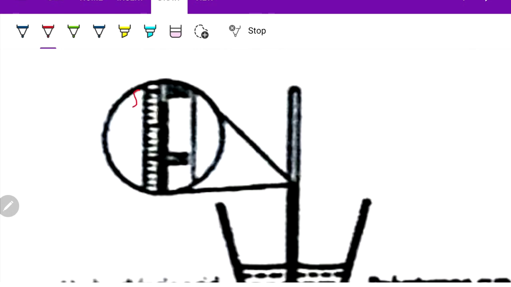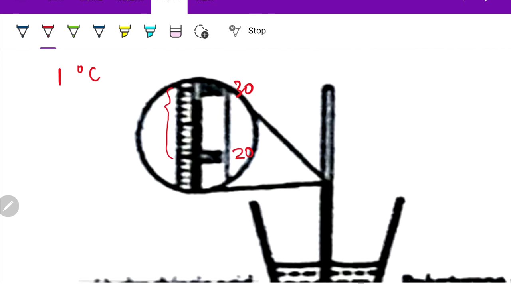Inside this, this one is 20 and this one is 30. Between 20 and 30 degrees Celsius there are 10 scales, so each scale is 1 degree Celsius. In paper 3, we need to determine the accuracy of the reading.